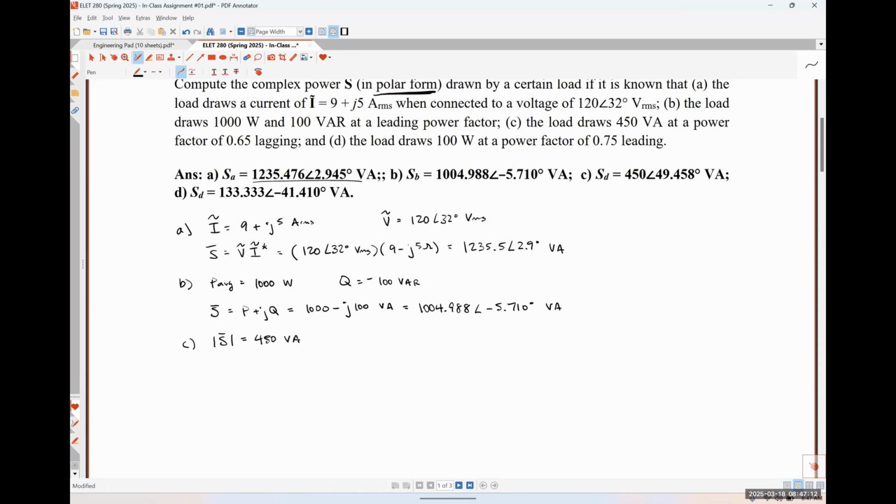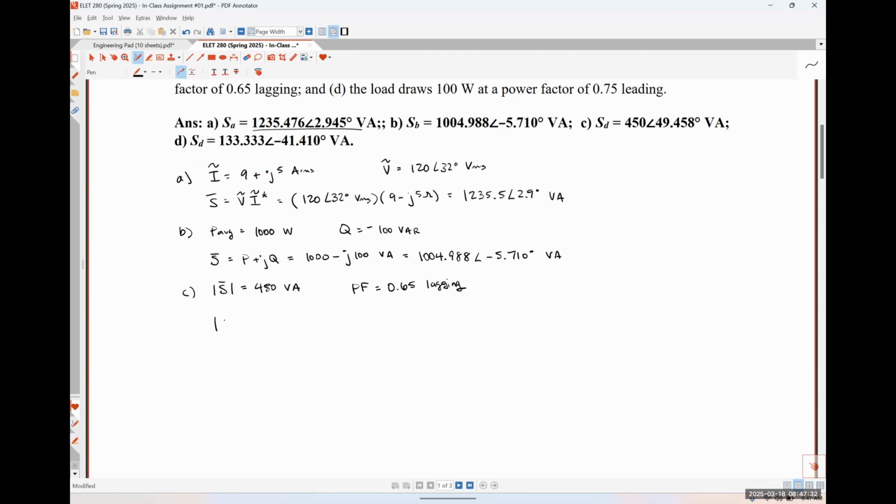Now we're also told that our power factor is 0.65 lagging. Our ultimate goal here is to get our complex power S, which will be in the form of our apparent power and then angle, our power factor angle, because that's what the polar form representation of our complex power literally is.